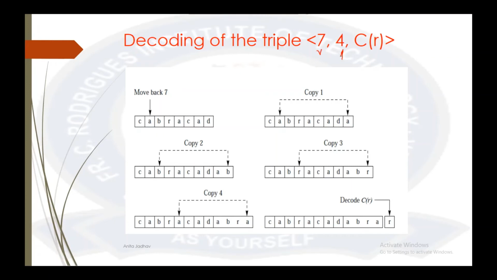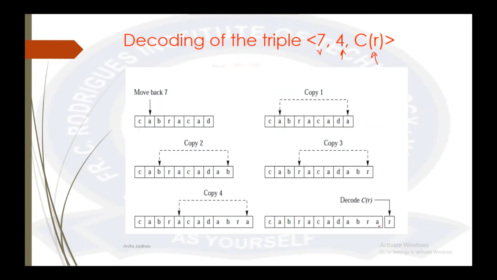This says whatever you have, you copy 4 letters next. So you are starting from here. This is your first, so you copied A. The second was B, so you copied B. Third was R, copied R. Fourth was A, copied A. Okay. So after 7, copy the next 4 letters into your decoded string and then write down the code word for R.